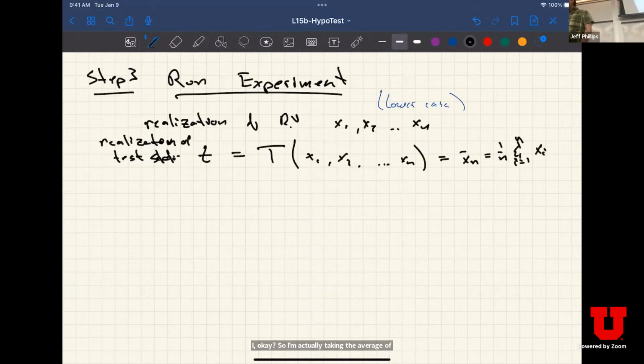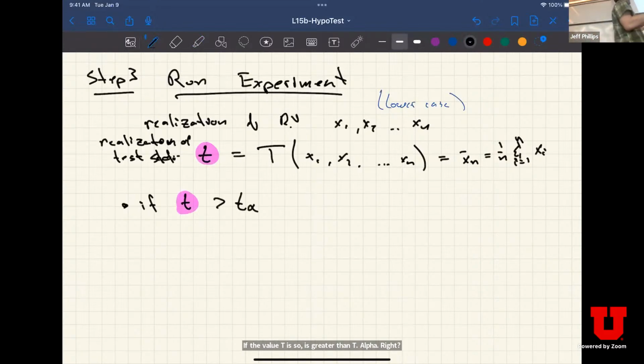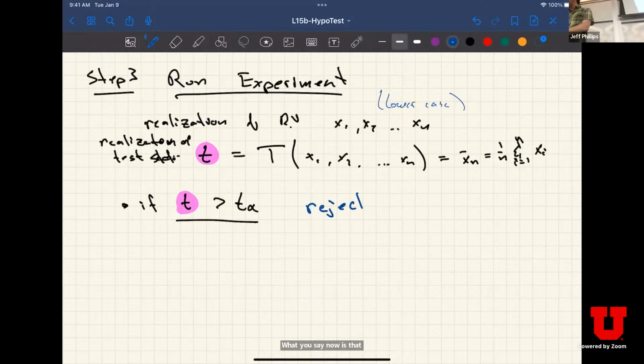Okay, and then there are two options. If the value t is greater than t alpha, right? I put all this work into designing to get the value t alpha. It's not that hard to get, but if t is greater than t alpha, well, then I'm excited. What you say now is that you reject the null hypothesis.